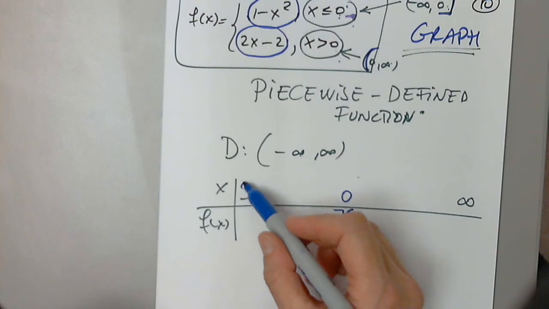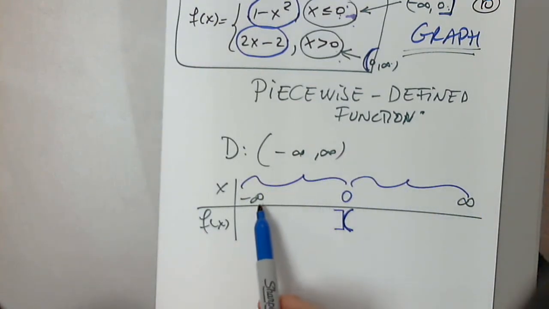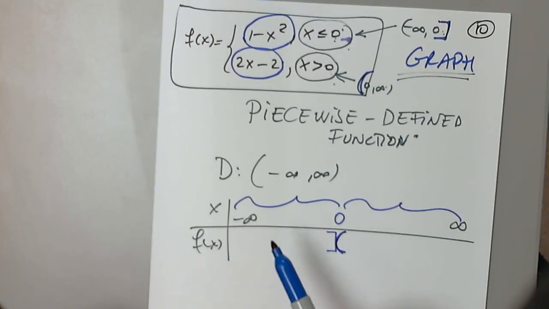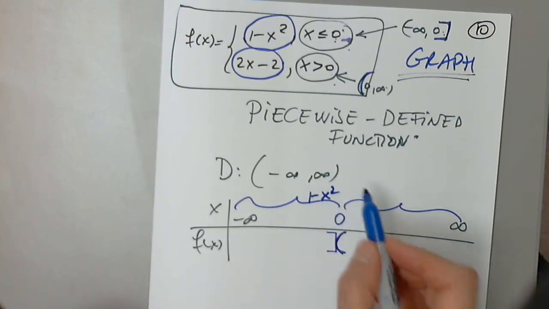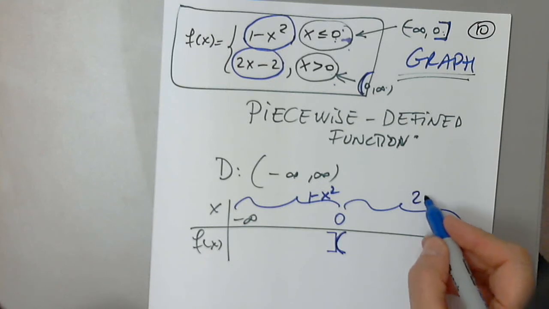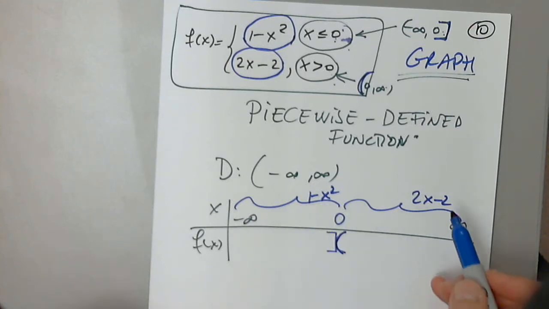Then I'm going to ask you which function we use between negative infinity and 0. I know it's silly, but I want to write it here. So I want 1 minus x squared. Which function we use between 0 and infinity? 2x minus 2. Good. What type of function is this? And what type of function is this? Perfect.